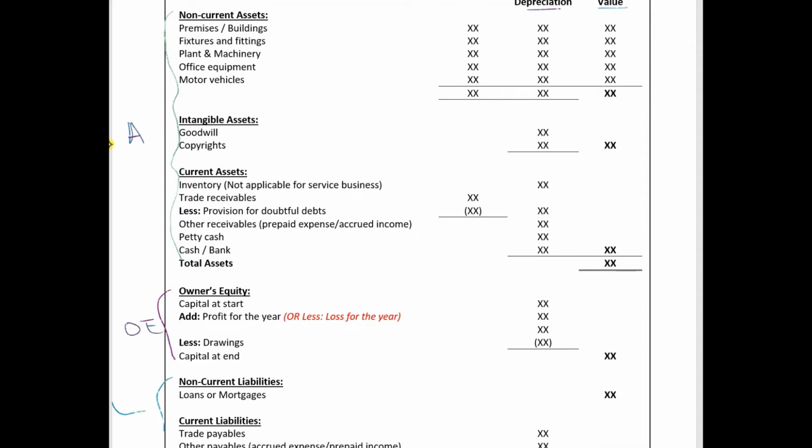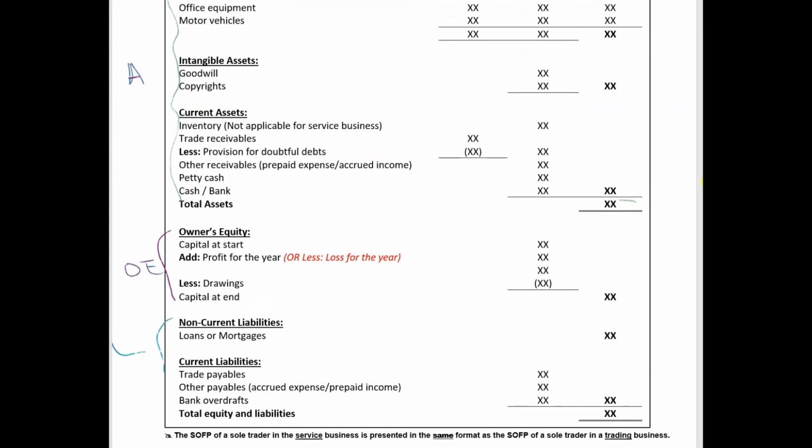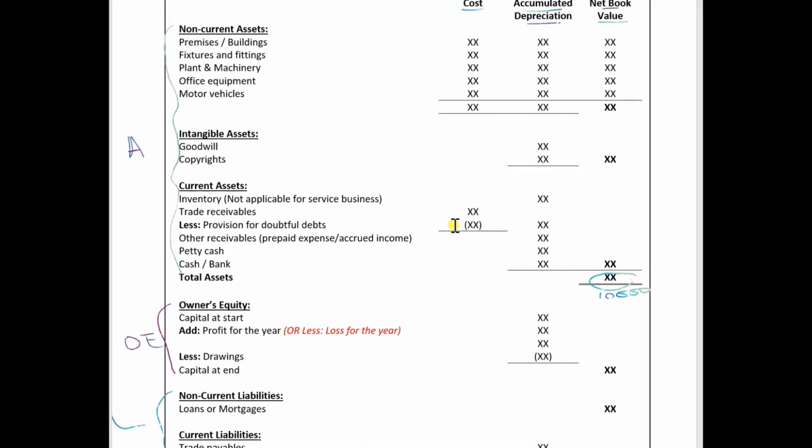This amount over here must equal this amount over here. For example, if this is 10,000, then this amount will also be 10,000, because assets equal owner equity plus liability, and this is reflected in the statement of financial position.